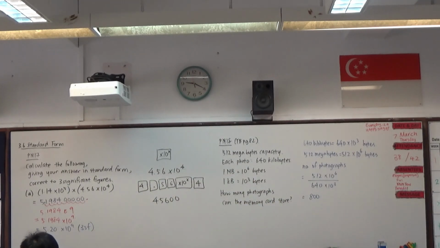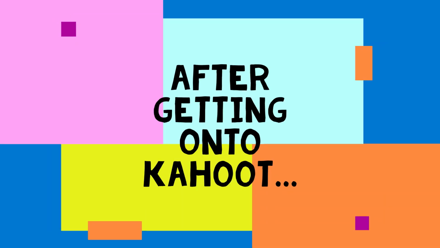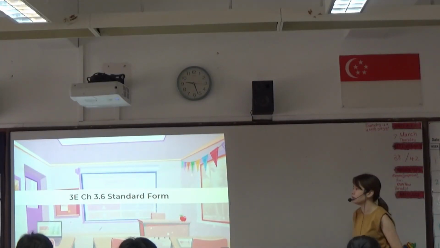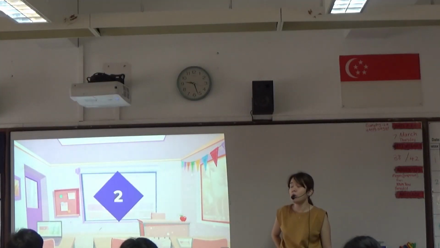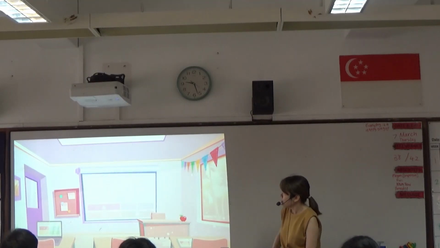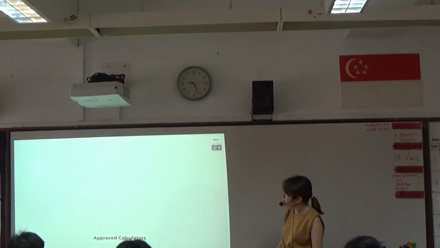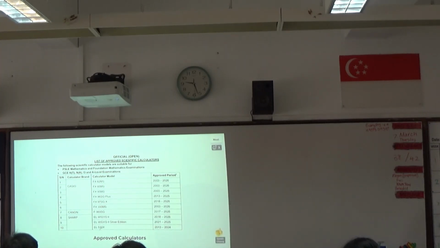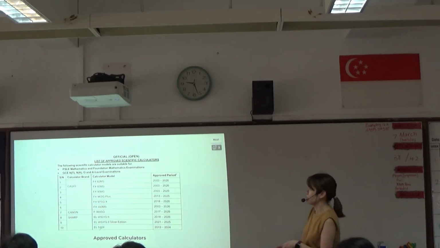Questions? Alright, if you're good, take out your Chromebook. I just want us to check our calculator models. According to O-level expectation, the approved calculator list is like that. So you may want to do a quick check that the calculator you're holding is actually approved.